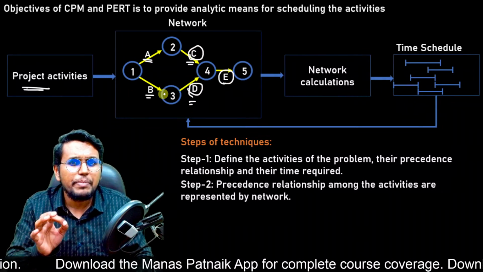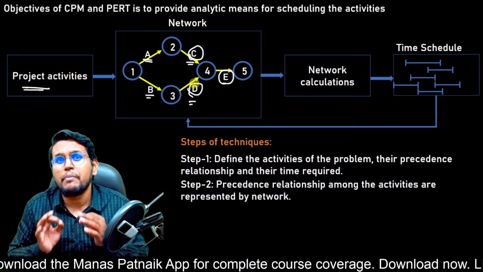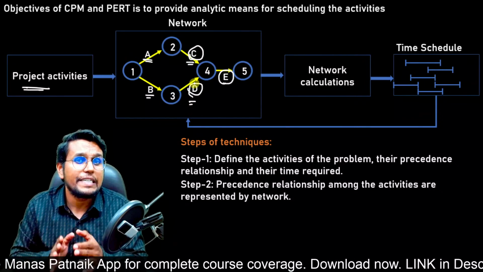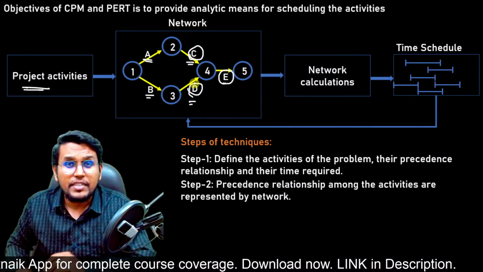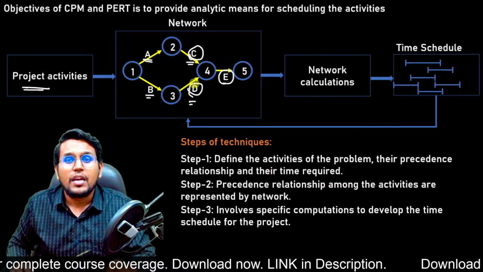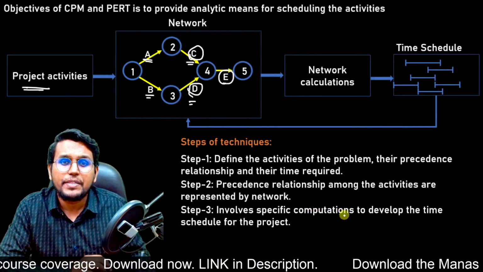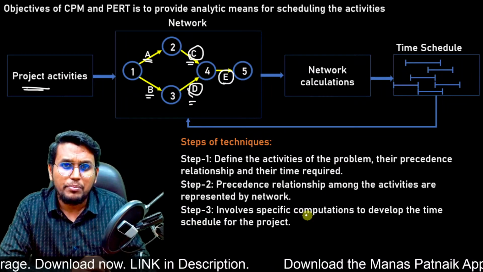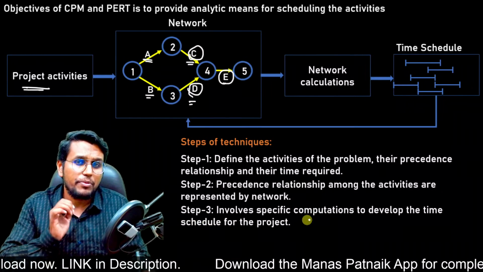So these are the dependencies we need to keep in mind as we move ahead. Now let us understand the next step, which is computation to develop the schedule of the project.